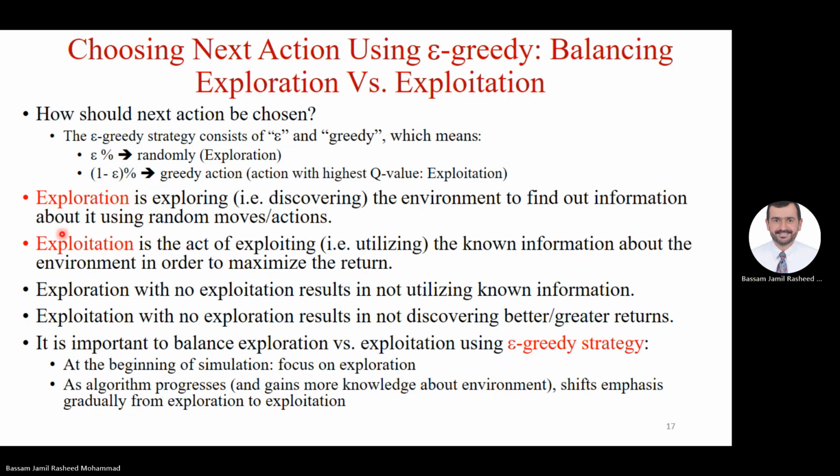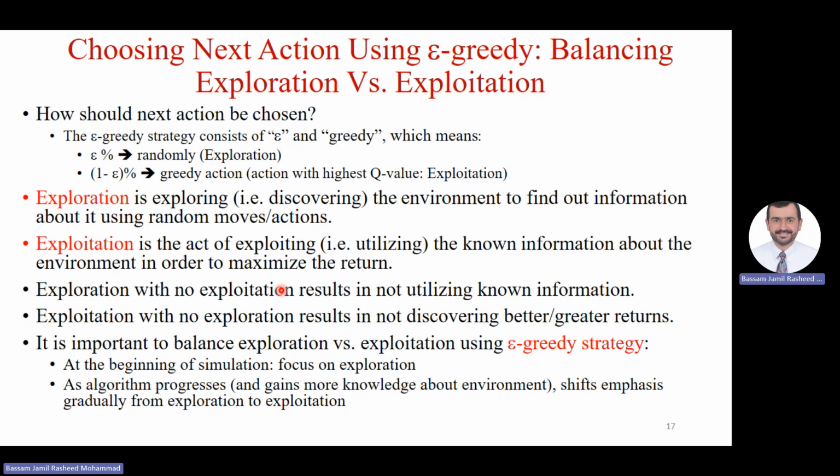So when I choose a small epsilon, I'm really motivating exploitation, which is the act of exploiting the known information about the environment in order to maximize the return. So I do both during training. However, I will do more exploration in the early training, and more exploitation in the late stage of training.